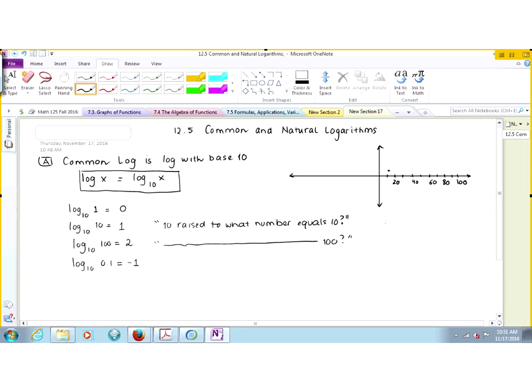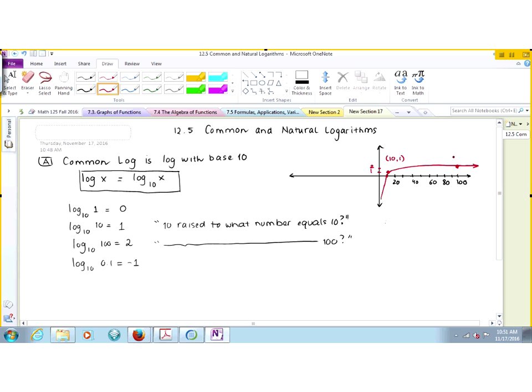Log base 10 of 10 is 1. So this is 1 right here. And this is 2. So the scale is not equal. And then log base 10 of 100 is 2. So your graph still actually looks like this. Right? It's the same as the other ones. Something like this.